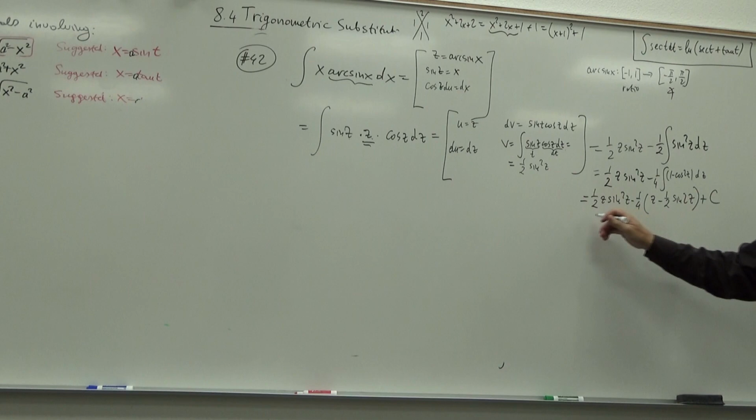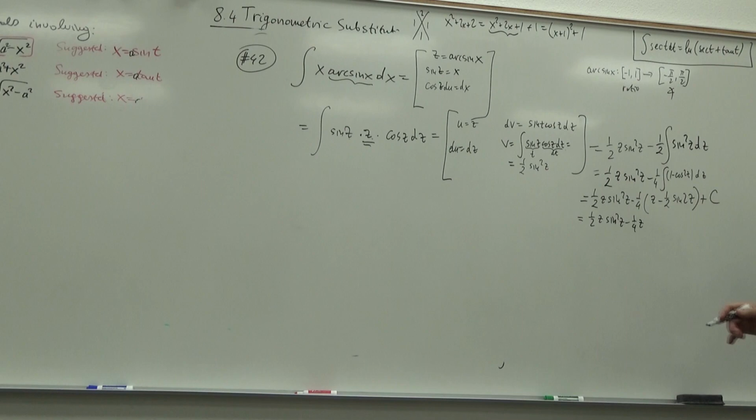So that would be 1/2 z sine squared z minus 1/4 z plus 1/8 sine 2z plus c.